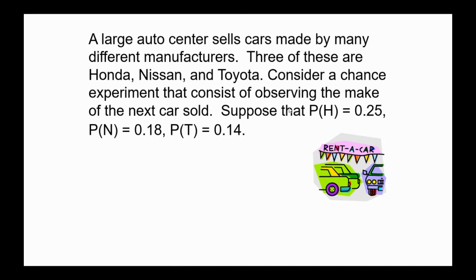Consider a chance experiment that consists of observing the make of the next car sold. Suppose that the probability of selling a Honda is 0.25. Probability of selling a Nissan is 0.18. And the probability of selling a Toyota is 0.14.